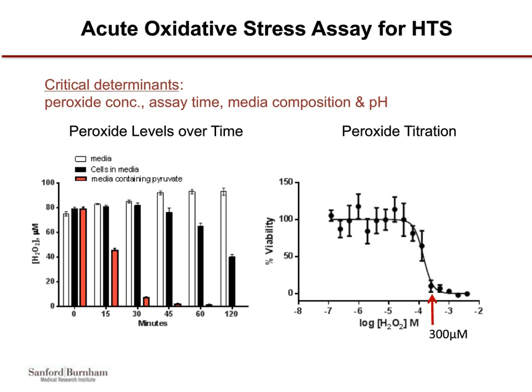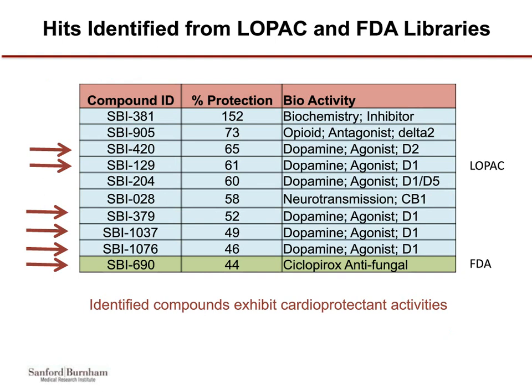Before we launched our larger campaign, we ran about 50,000 compounds, but we first ran the Library of Pharmaceutically Active Compounds and the FDA collection, International and U.S. Library, to establish a proof of concept for our screen. Here we showed there were a number of dopamine-related agonists that we picked up in the LOPAC library of 1,280 compounds.